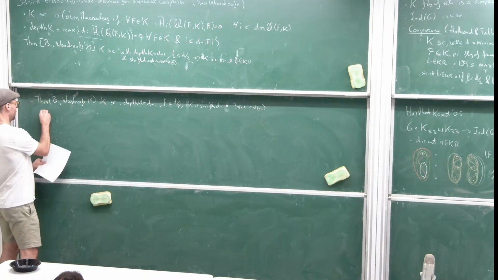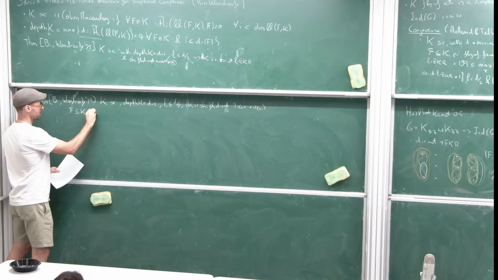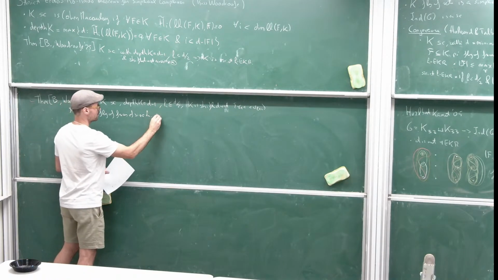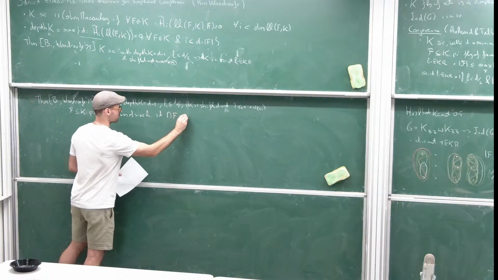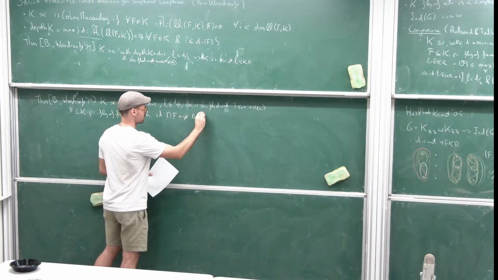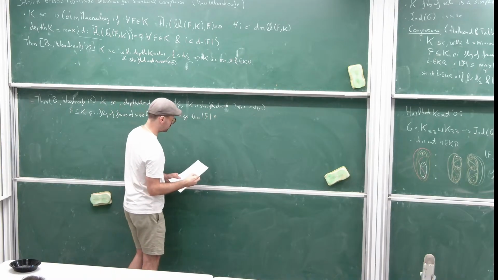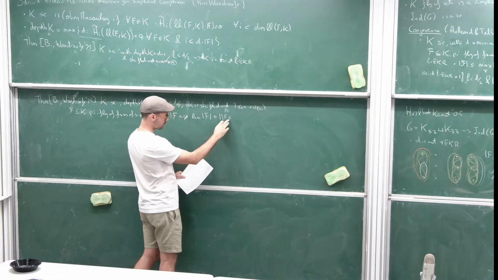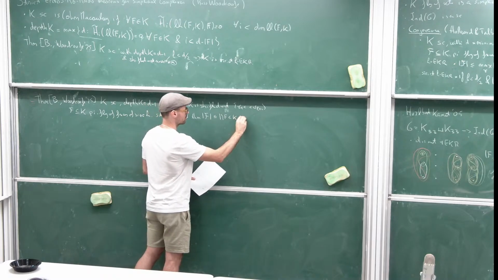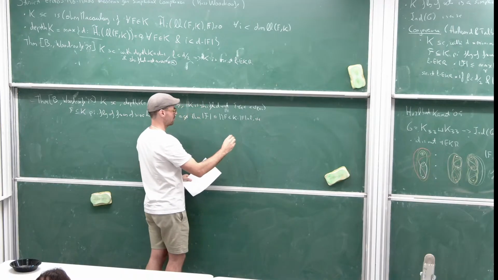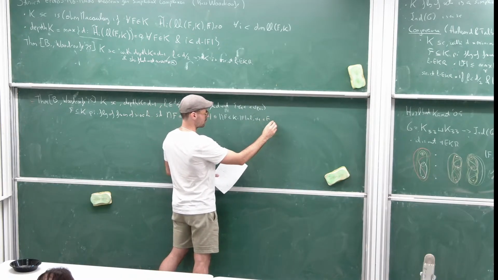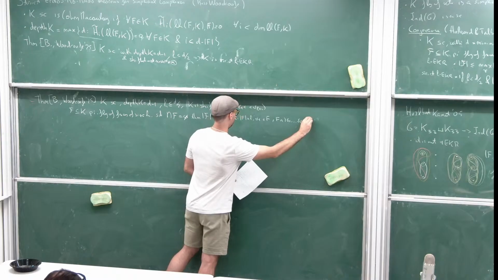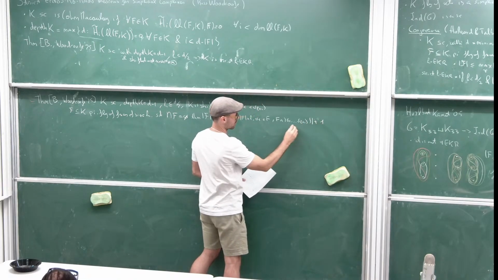If we are in this setting and we have F, a pairwise-intersecting family of faces of size K, such that the intersection of them is empty, then its size is at most the number of faces of size K that contain V1 and intersect V2 up to Vk plus 1, plus 1, where this 1 comes from this one.